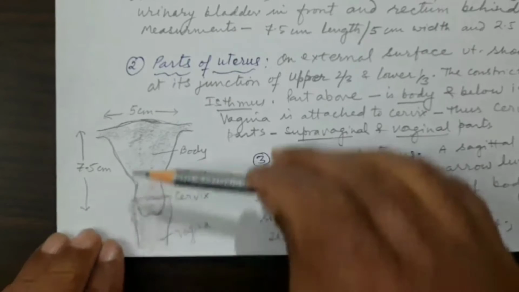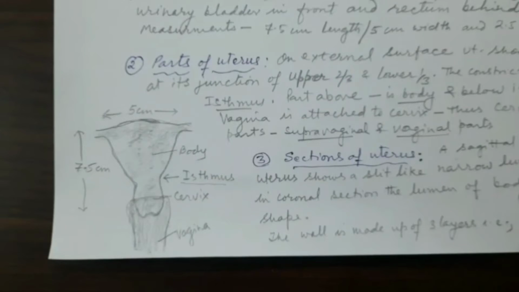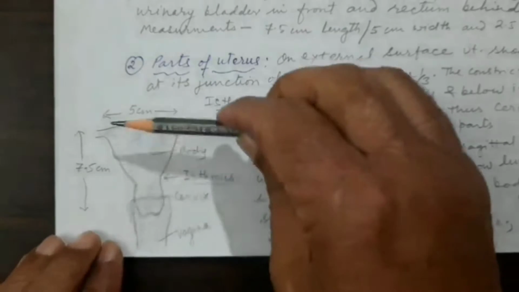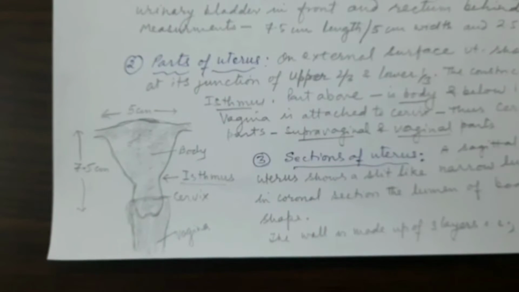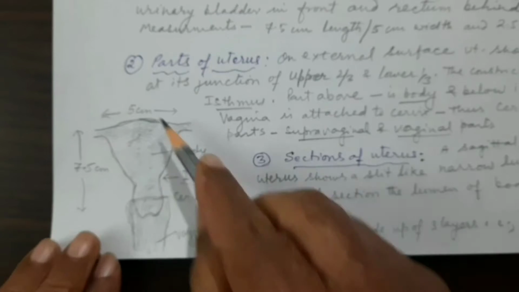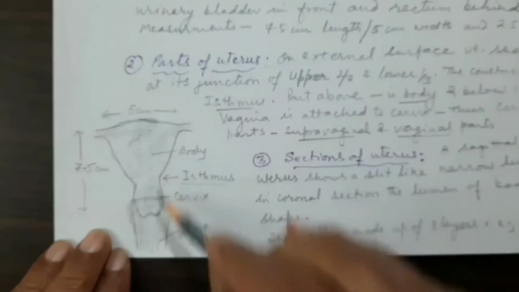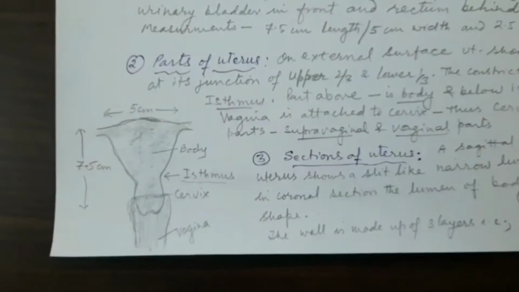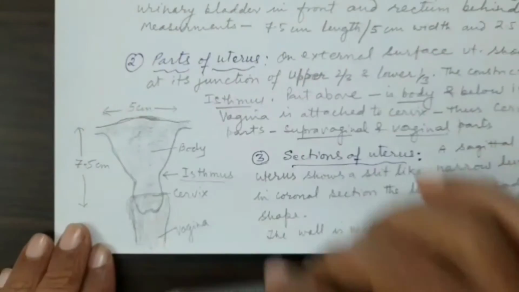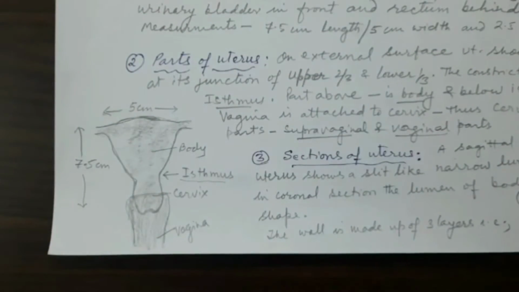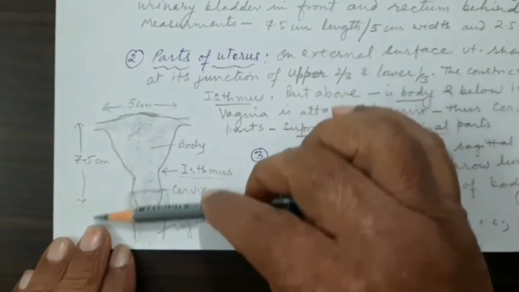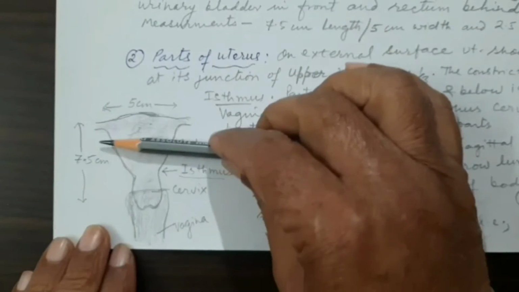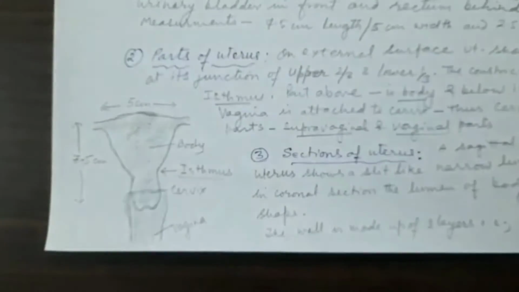So to see the cavity of the uterus, we will take two sections. One section is the sagittal section, that is passing from the middle, close to the median plane, okay? This sagittal section we will take. And the second section which we will take is the coronal section, which will divide the uterus into anterior half and posterior half.